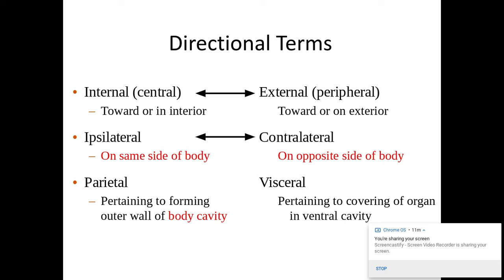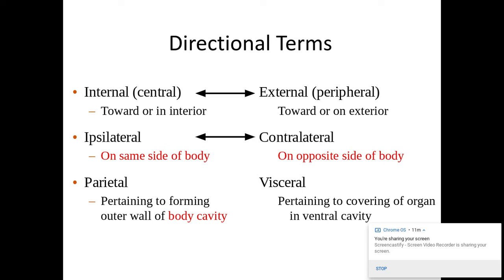You also have these terms, and these are more just general. I don't use them as much. Obviously, you should know what internal means. So internal is more inside of the body. External would be your outer portion. You have your ipsilateral. So this is same side of the body.